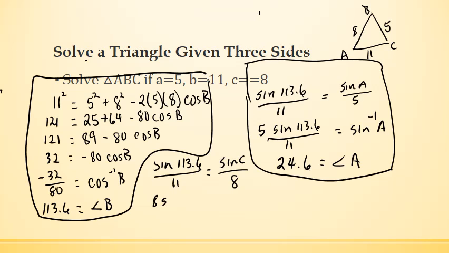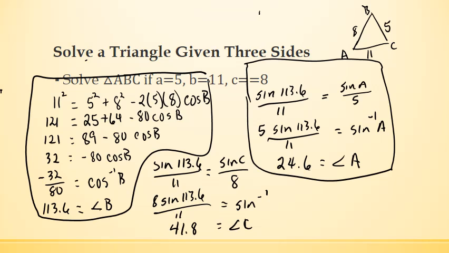So then we get 8 sine 113.6 over 11. Again, we're going to use the inverse sine function to find angle C, and rounding to the nearest tenth, we get 41.8 equals angle C.